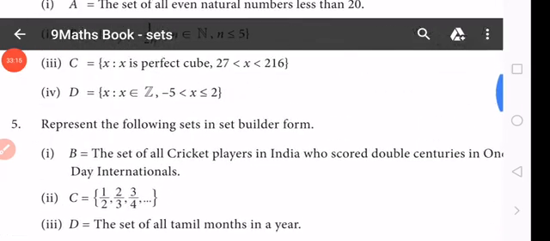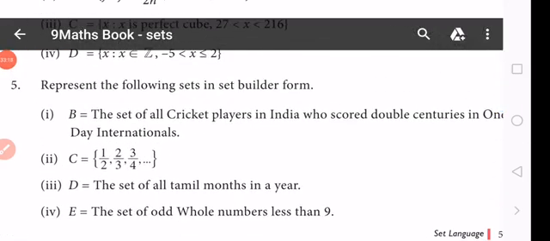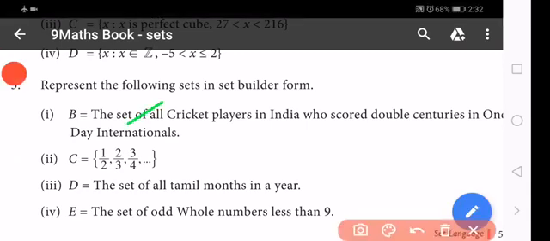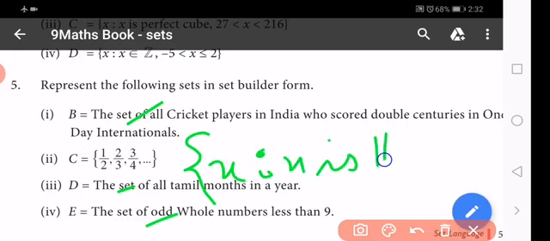Okay students, now represent the following sets in set builder form. This one is very important and the easiest one. The first, third and fourth are very easy. In all three we start with set notation, for all x such that x is the, then we write all the verbal description.